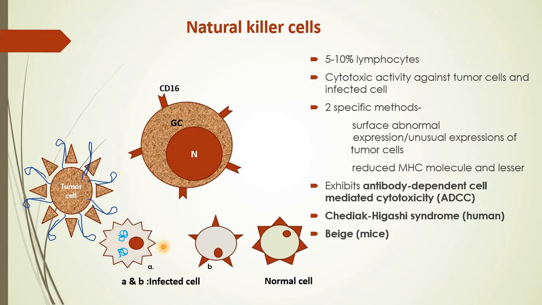So in both situations, whether the receptor molecules are more on the cell or less on the cell, it is probably because of the infection, and such cells which show abnormal size or abnormal number of receptors on their surface will be identified by the natural killer cell, and they will bring about the knocking action, or the killing action.